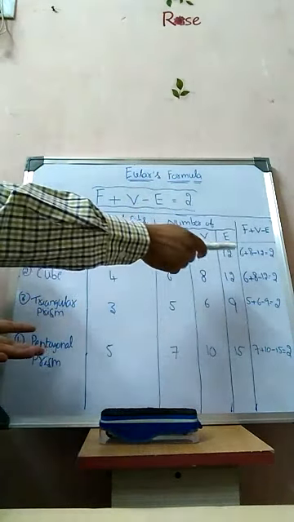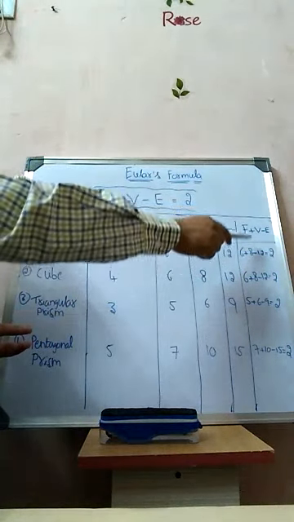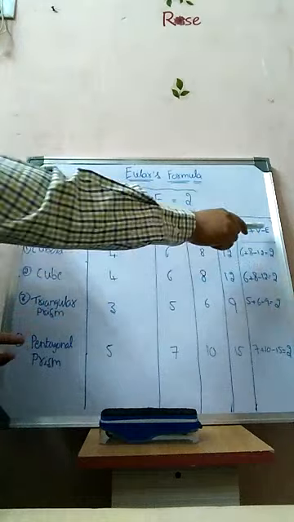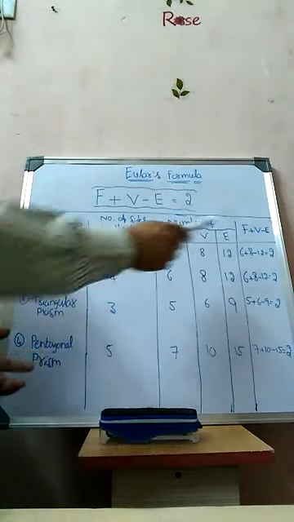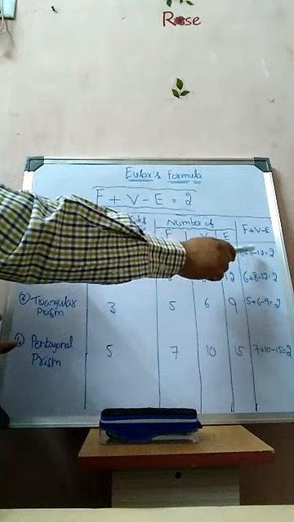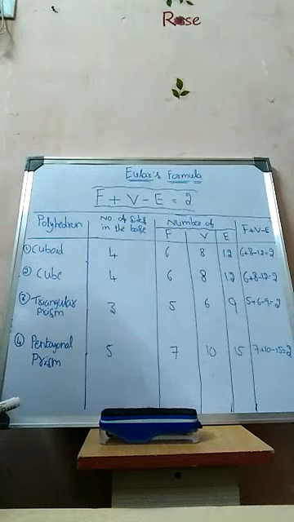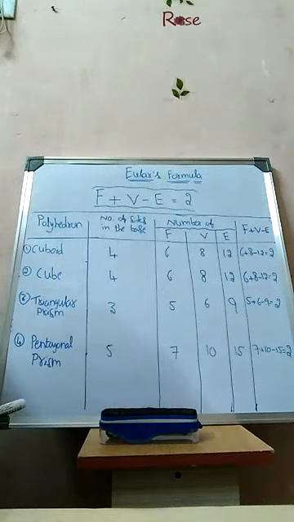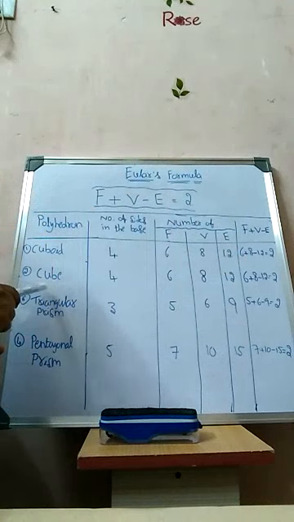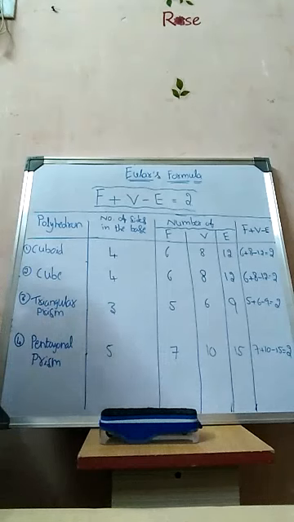Now I substituted these in Euler's formula. That means faces 6, vertices 8, minus edges 12. Then simplify: 6 plus 8, 14, 14 minus 12, 2. So F plus V minus E value I got 2 for cuboid. And the second polyhedron, cube, I took here.